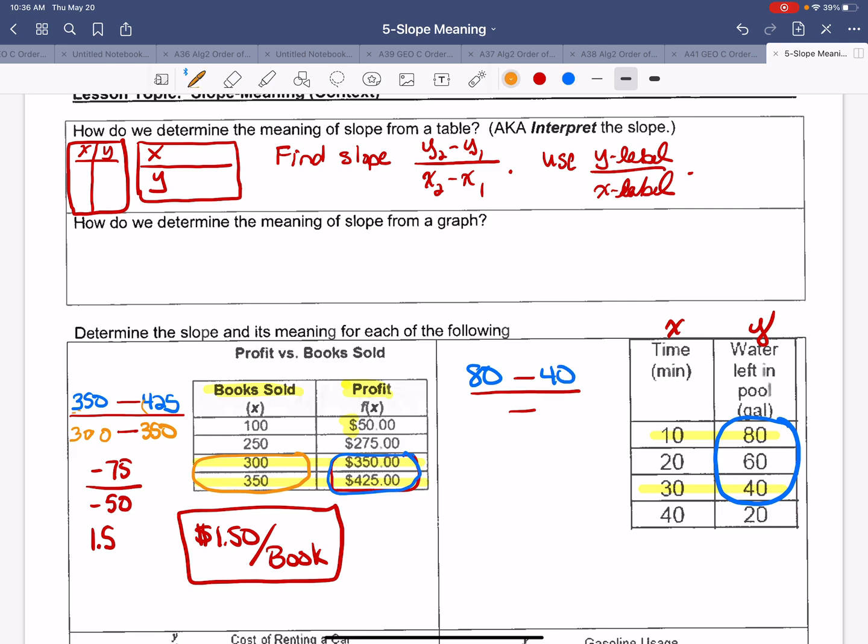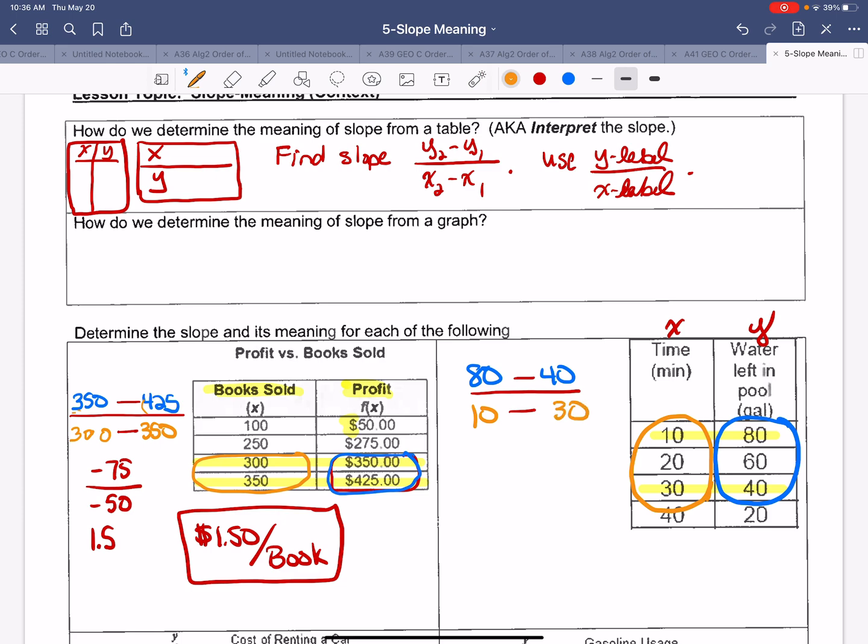And my X values are 10 and 30. If I'm going to put 80 here, I want to put 10 right below that. And if I'm going to put 40 right here, I want to put 30 right below that.